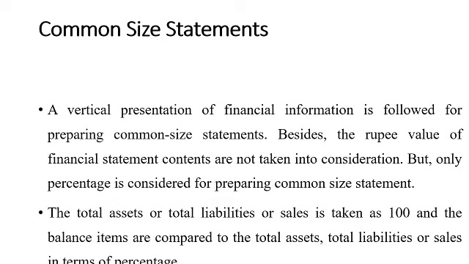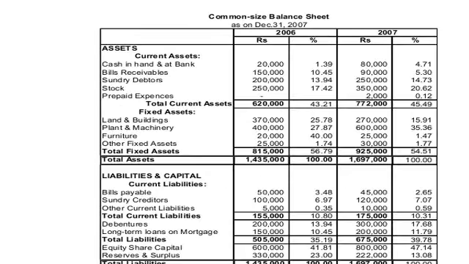So here we come to know the proportion of each component of the balance sheet to total asset. So it is called as common size financial statement analysis. So here only 1 year will be focused. So for example, in the common size balance sheet, what will happen?